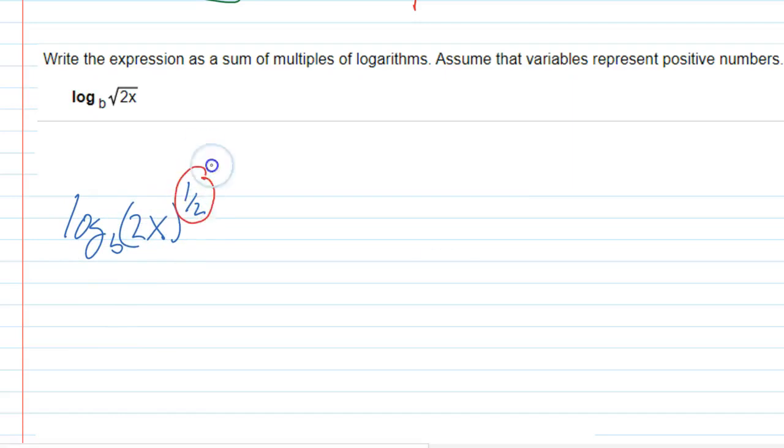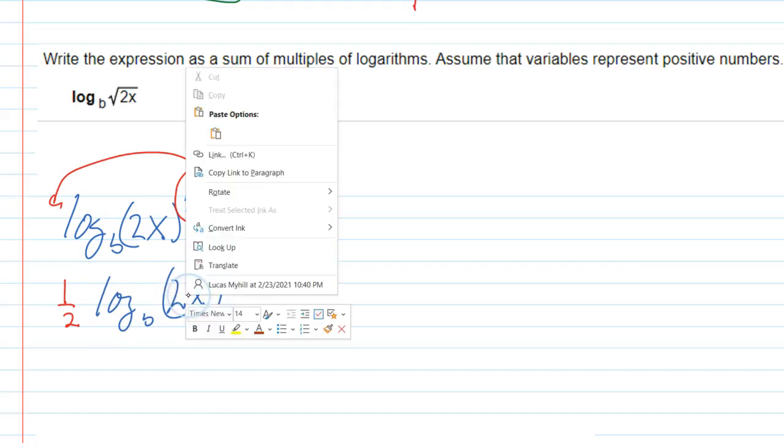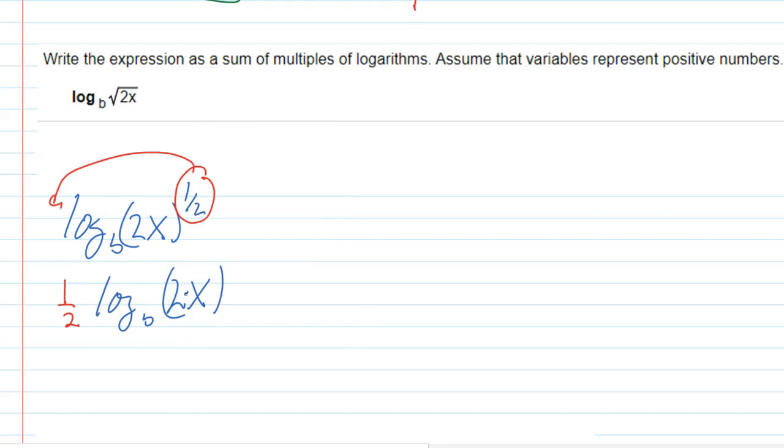Now you take your 1/2 and you put it in front. That's giving you 1/2 in front, and you still have log base b of 2x. Now the 2 and the x, they're multiplying. They're not one number, they're actually multiplying. So what you do is you still need to break this apart. Because it's multiplying, when we break things apart, it becomes addition.